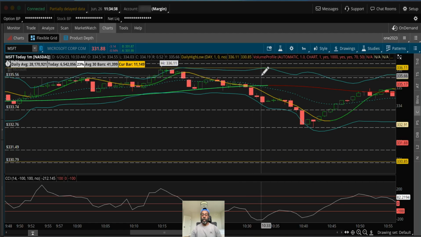I should have gotten out on this setup right here, but I was like, I've got to wait, because the market was moving like molasses, super slow. It was one of those things where you just have to take the good with the bad, and that's exactly what I did.